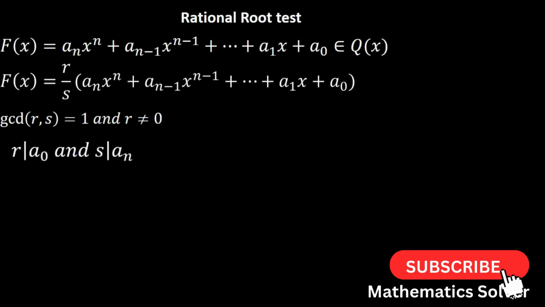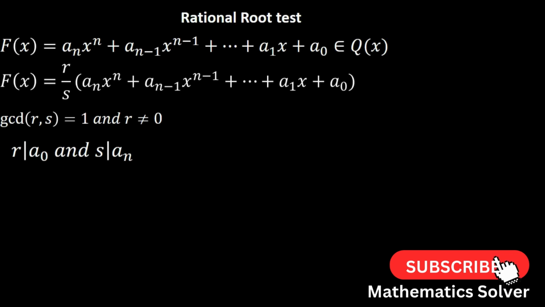Then r divides the constant term of the function, and s divides the coefficient of the highest degree of the polynomial.